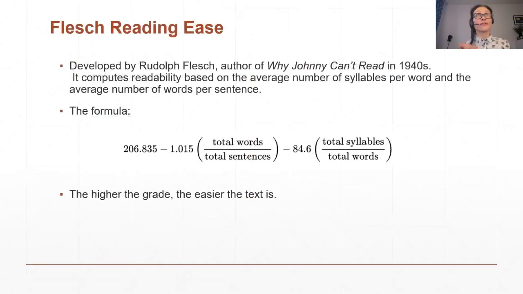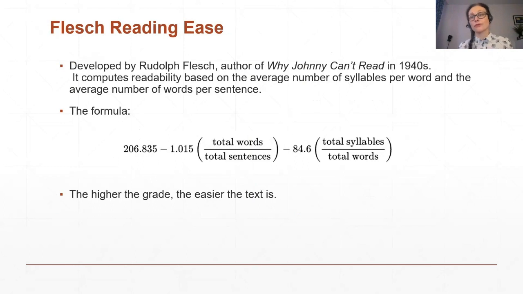So let's run through the most common readability formulas. The Flesch Reading Ease was developed by Rudolf Flesch in the 1940s, and it computes the readability based on the average number of syllables per word and the average number of words per sentence with some modificators.